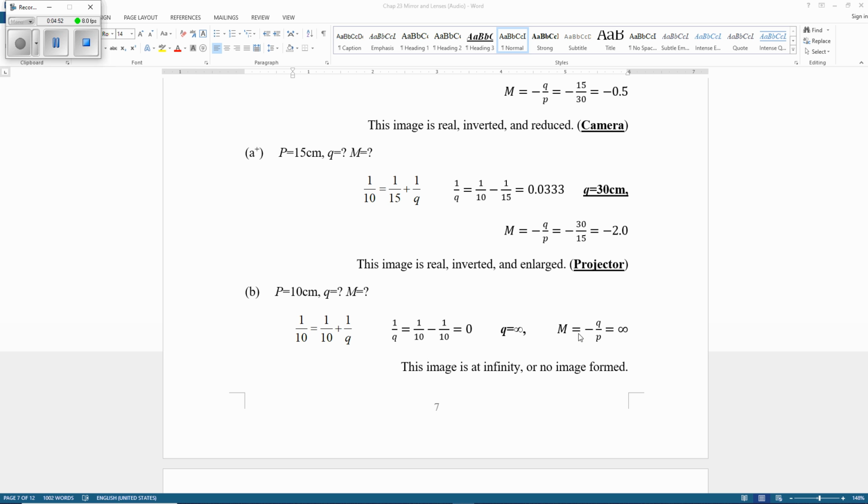So the magnification also equals infinity. The image is going to be at infinity, because the image distance equals infinity. You can also say no image is formed. So no image; the image distance is at infinity.